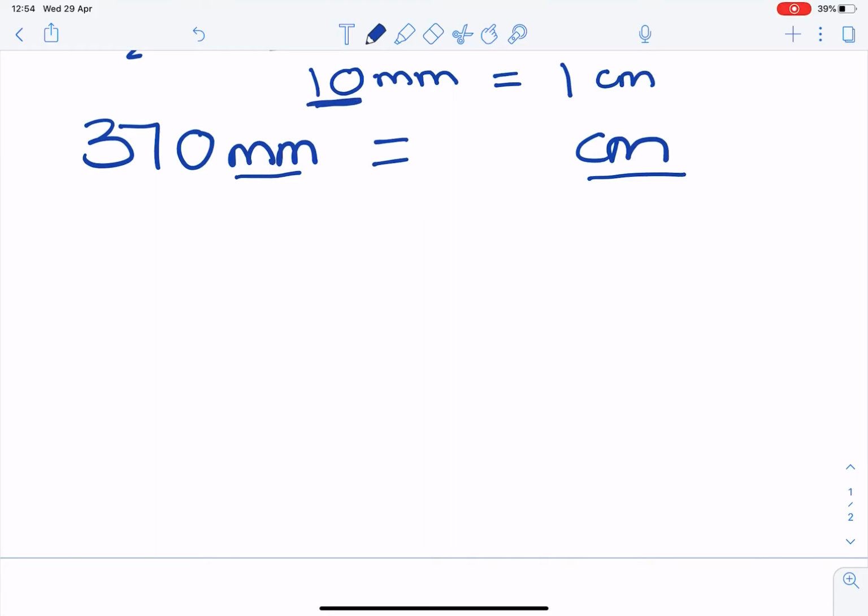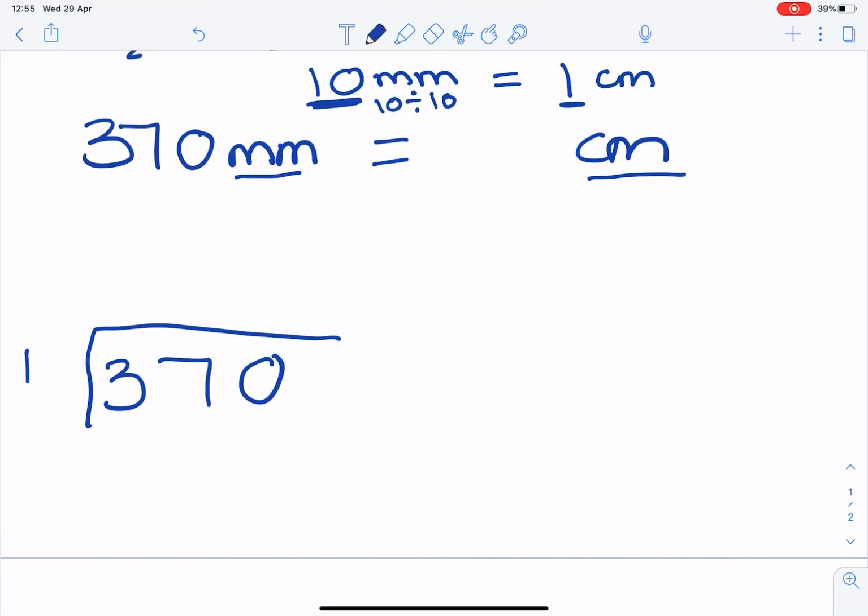What did we do to 10 to make 1? 10 divided by 10 is 1. So, if we divide 370 by 10, we will get 37. So 370 millimeters divided by 10 is 37 centimeters.